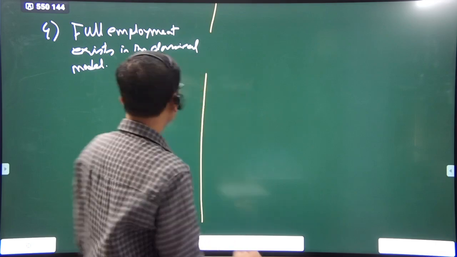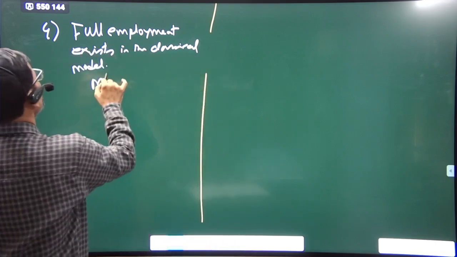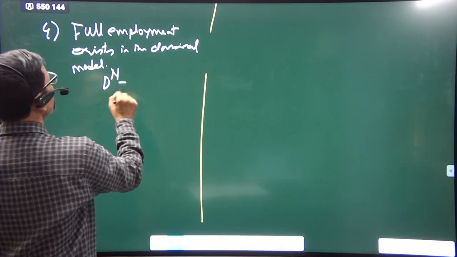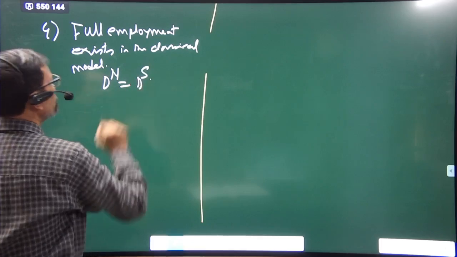That is, demand for labor is equal to supply of labor.